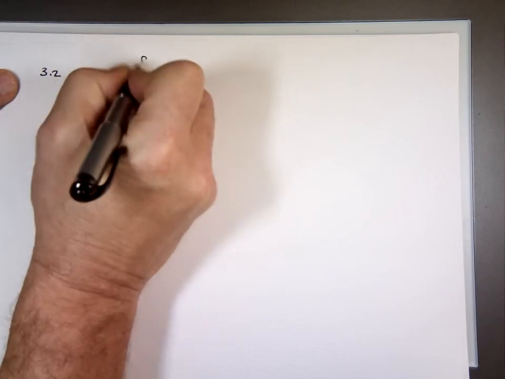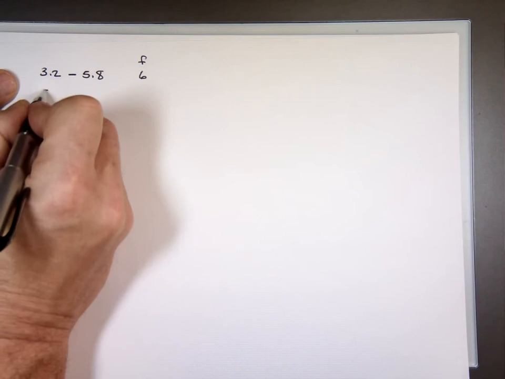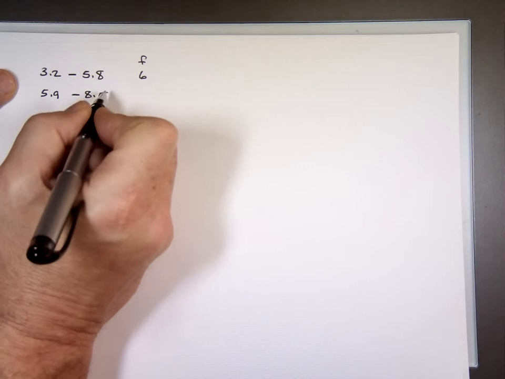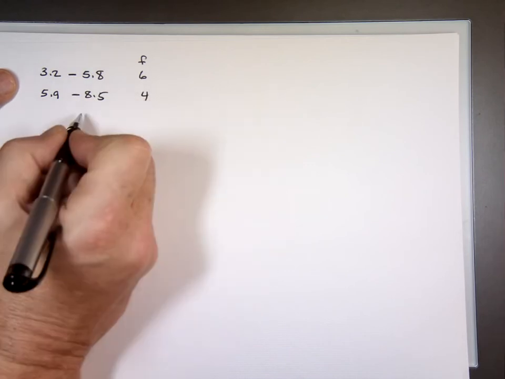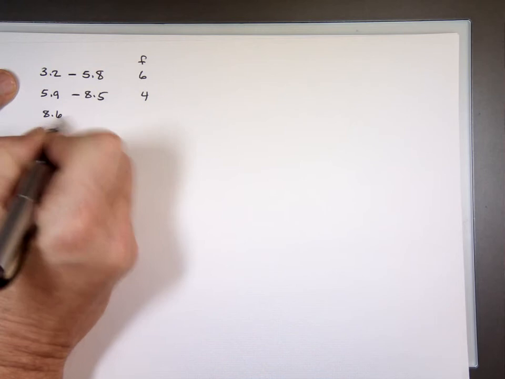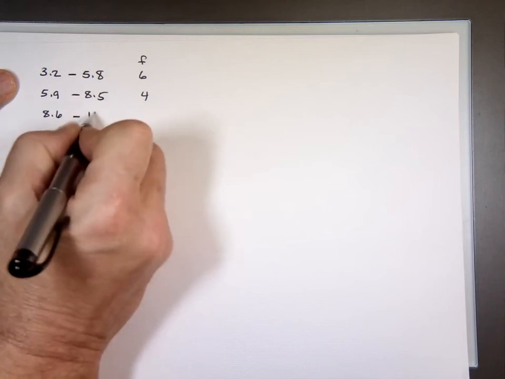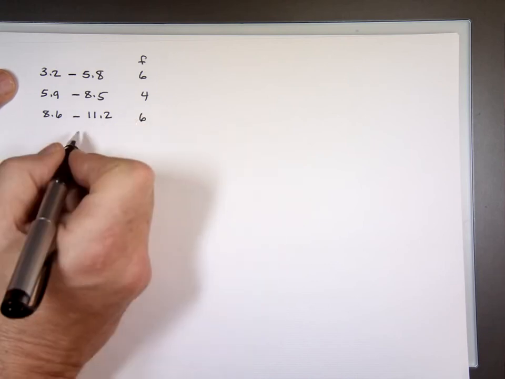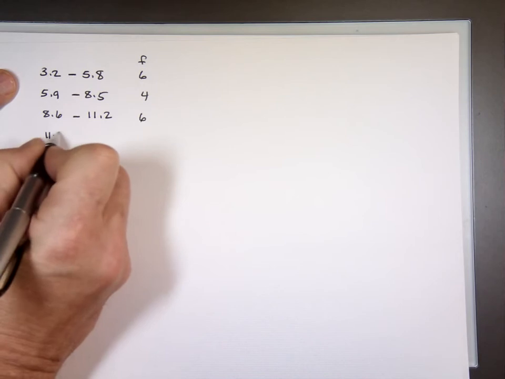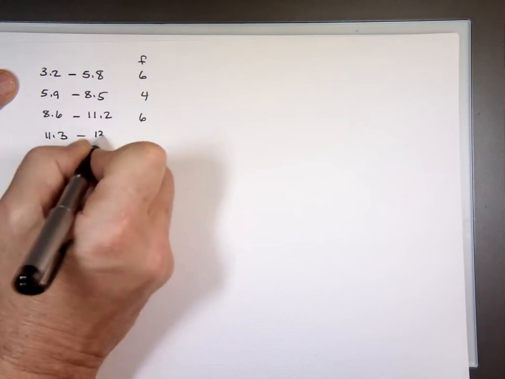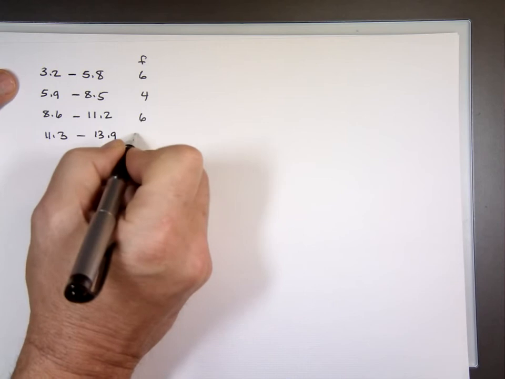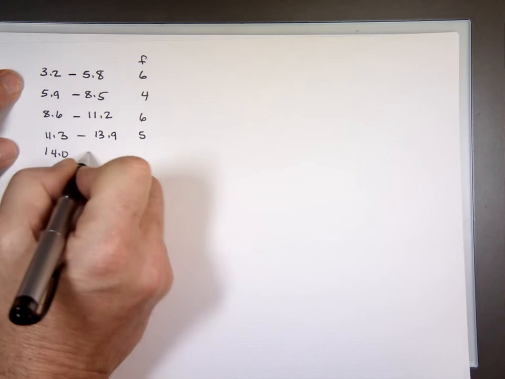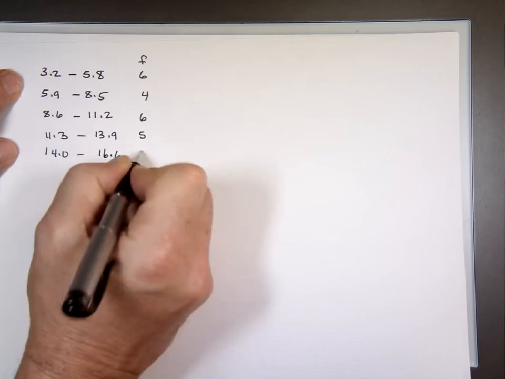That's your frequency. 5.9 to 8.5, we have 4 people. 8.6 to 11.2, we have 6 people. 11.3 to 13.9, we have 5 people. 14.0 to 16.6, we had 3 people.